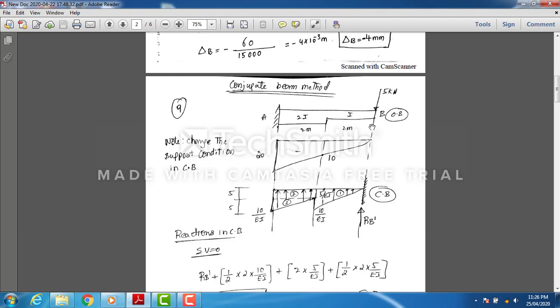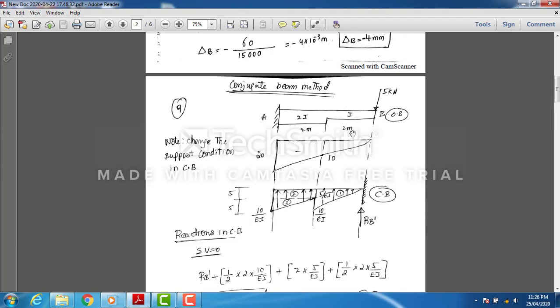Because if you want to find the slope at B, you need to find the shear force at B. But if you put the fixed condition at point A, then at point B without this support the shear force value will be 0 as well as the bending moment value will be 0. That's why we need to change the end conditions.